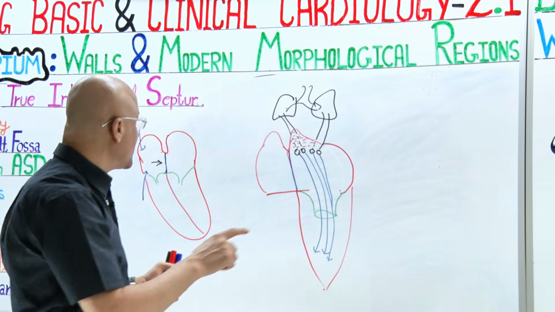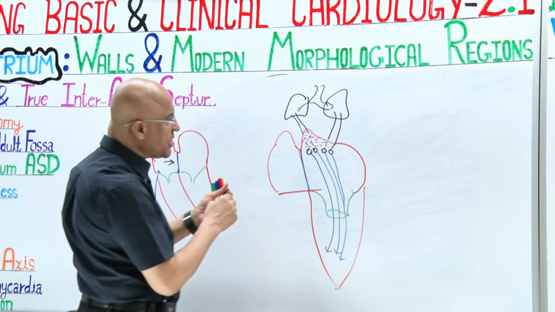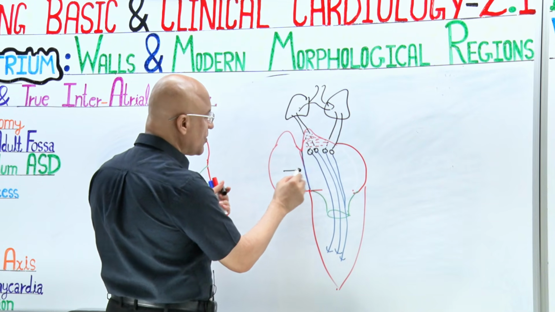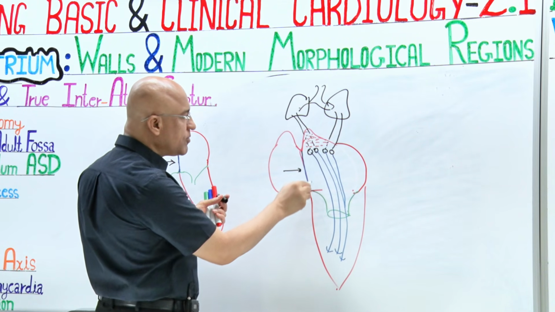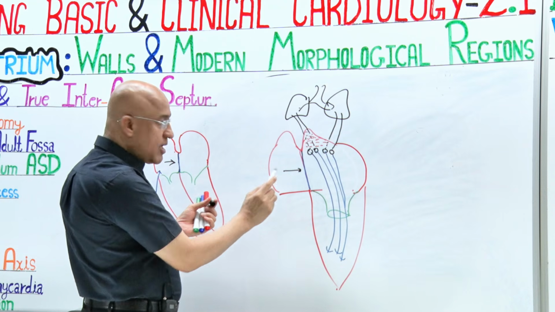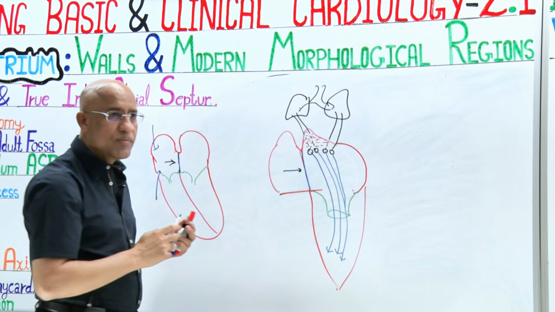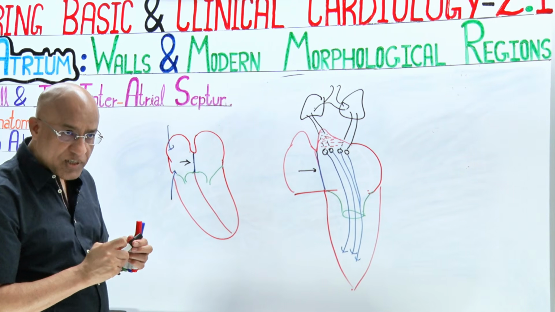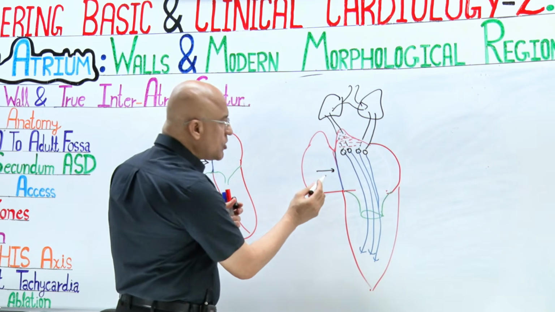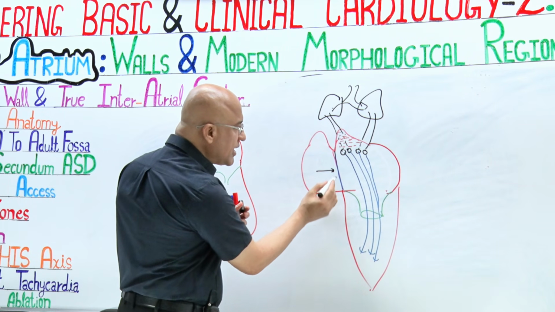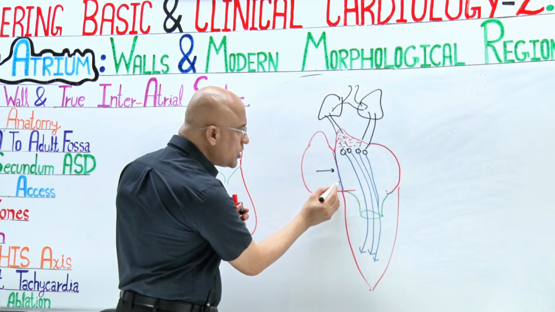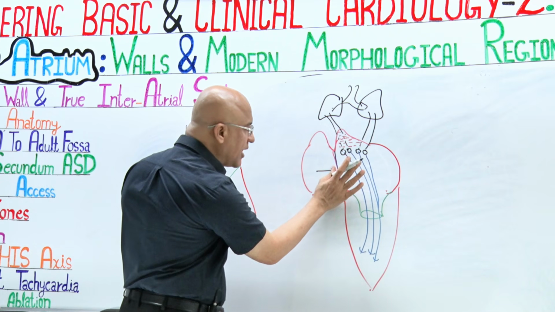For such patients, we come with the catheter from here, right? In the fossa, what is this? Ovalis. We make a transseptal puncture, and the choice of the place is that in this septum, we choose the puncture point not in the middle.